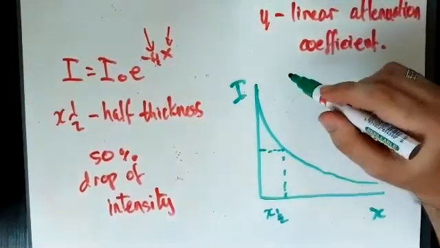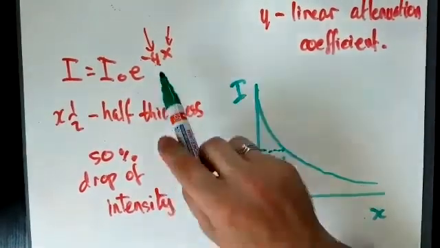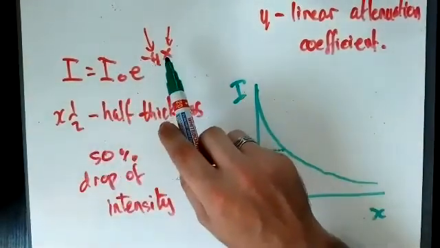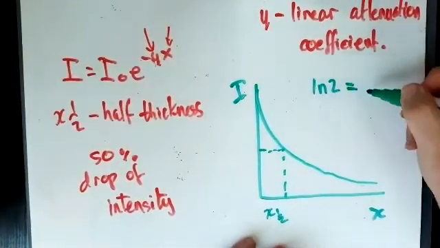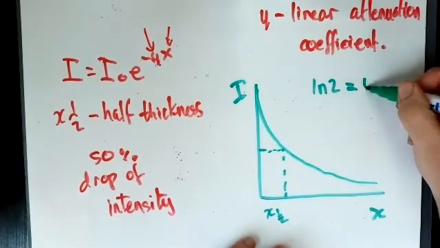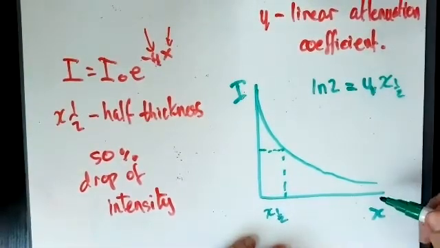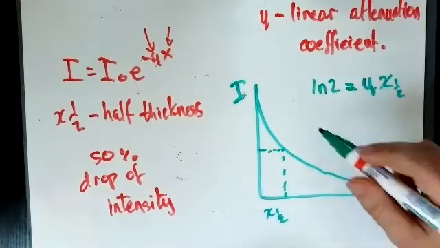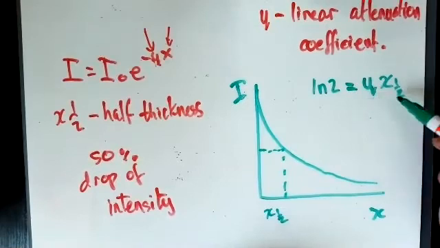So where we go from here is the relationship between these two values: ln2 is equal to mu x half, which allows you to work out, if given one of these values, the other.